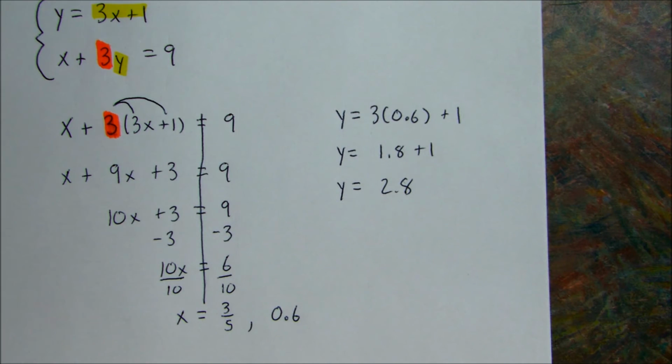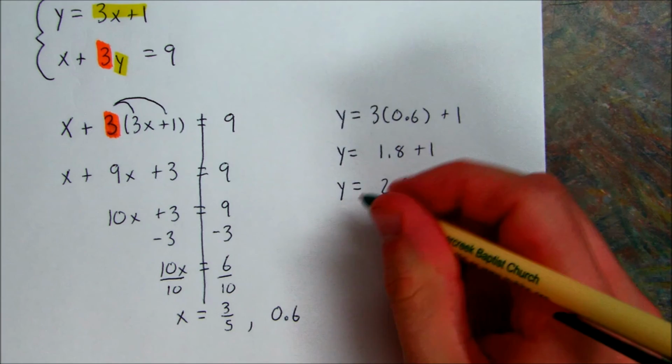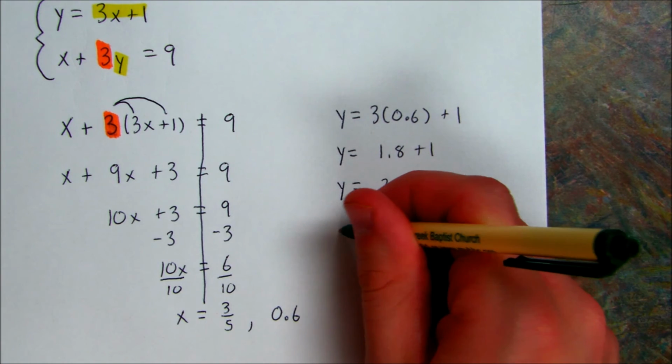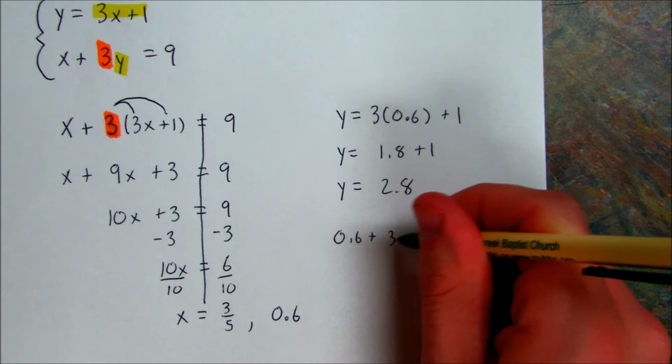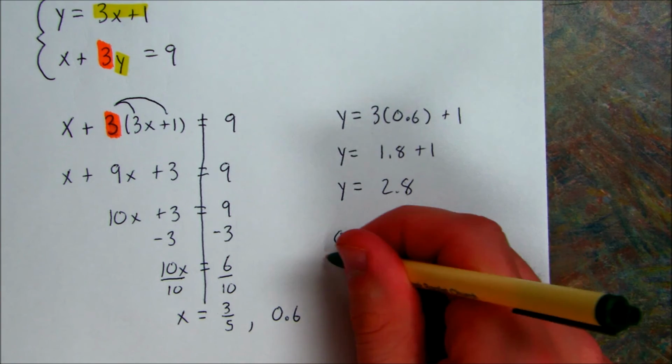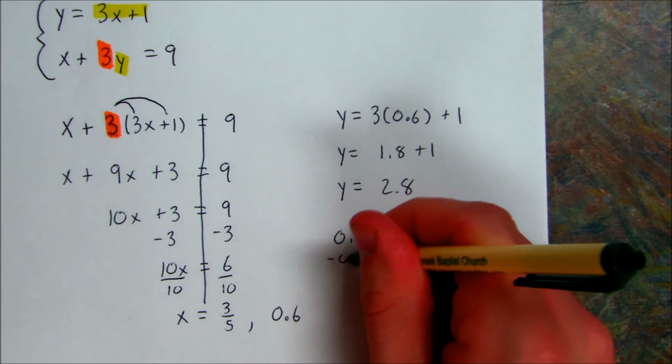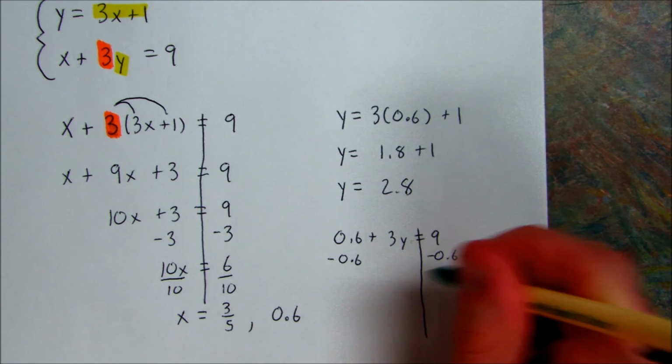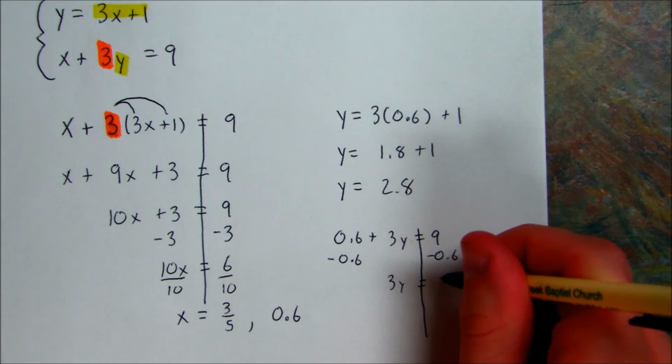So I'm going to illustrate my point again. I'm going to plug it into the other equation and show that it works. So I have 0.6 plus 3y equals 9. This is going to take a little bit more work. So brick wall, subtract 0.6 from both sides. So I have 3y equals 8.4.